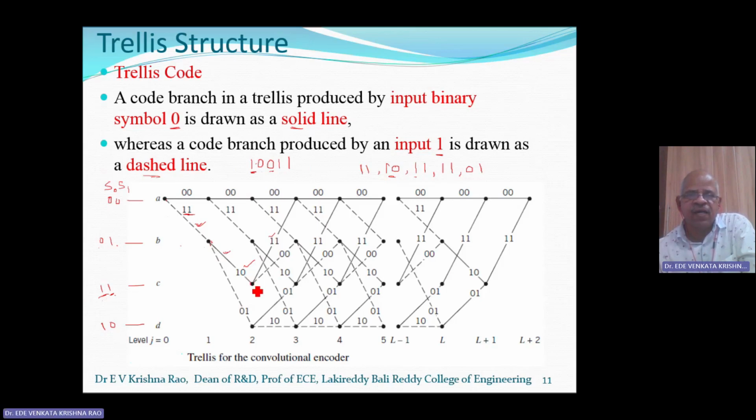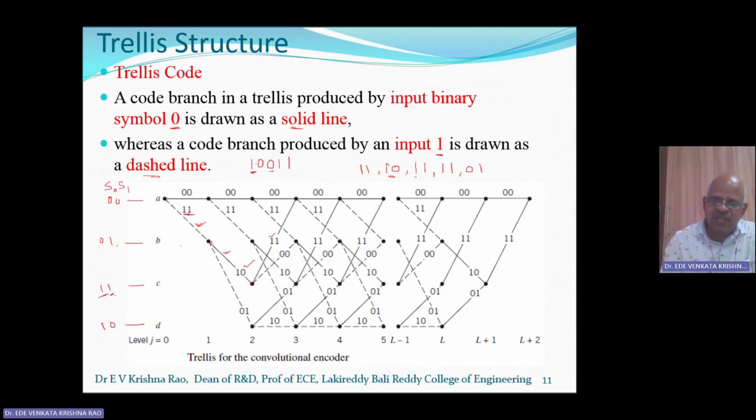And next 0 is given, going towards the 0, 1 state. That is how the output is drawn. For every state, the code output is taken here. This is the trellis diagram representation.